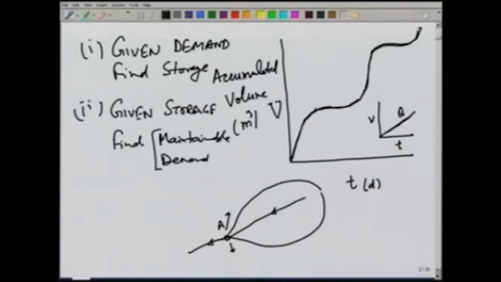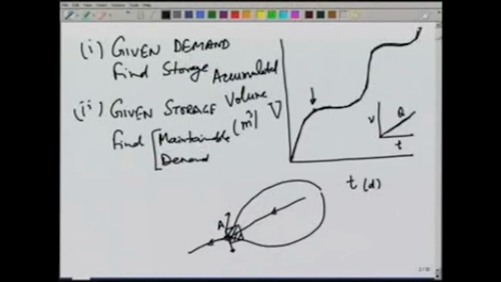Now, let us assume that this is the start of the dry period, and let us assume that the reservoir is full at this point. So, let us say we create a reservoir here, and it is full at the start of the dry period. Now, this is a dry period because after this the slope is very flat, that means the discharge in the river is very small.